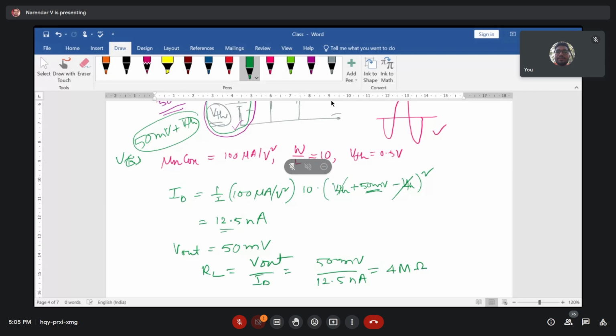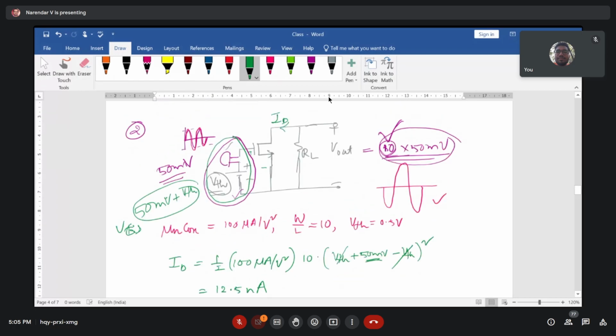So now you have a resistance value RL equal to 4 mega ohm and an input signal of, sorry, 5 millivolts, not 50 millivolts here. The input is 5 millivolts, but the output is 10 times, so 50 millivolts.